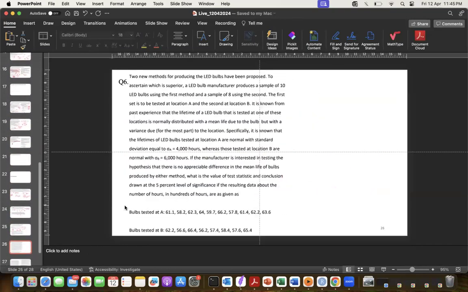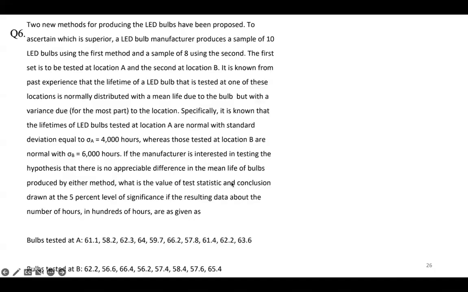Okay. Now this question here, it looks very lengthy, but try and see what we are doing here. Long story short, we have something called sigma alpha and sigma beta. We also have two distributions given to us, so we can definitely calculate.